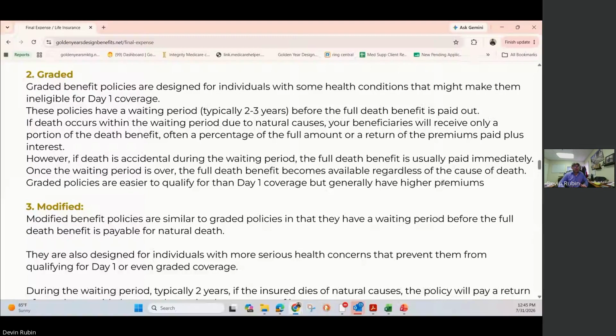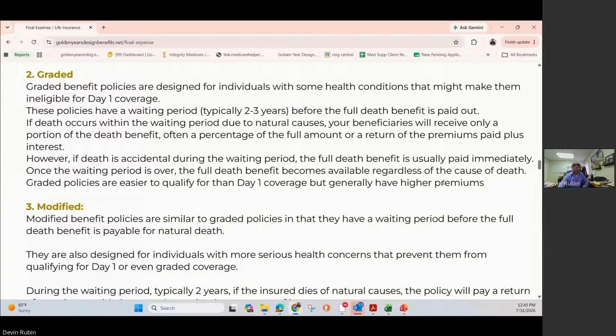While a medical exam is not typically required, you will need to answer health questions during the application process. And we'll go through that at a later step. So if your Medicare client qualifies for day one coverage, it's going to be the most cost-effective final expense option.